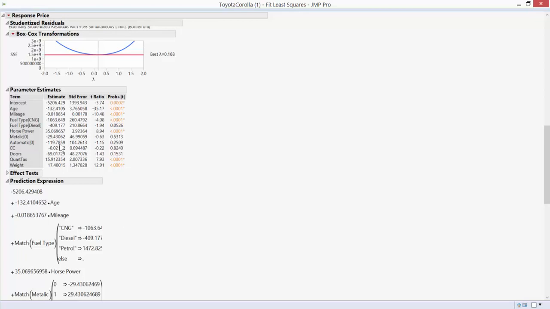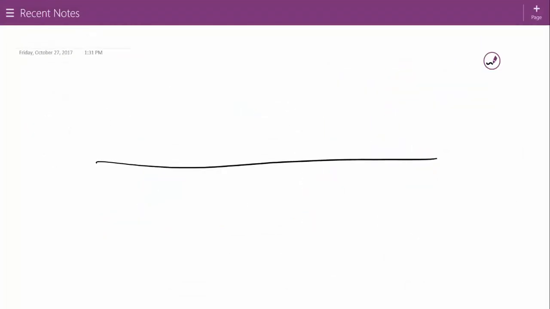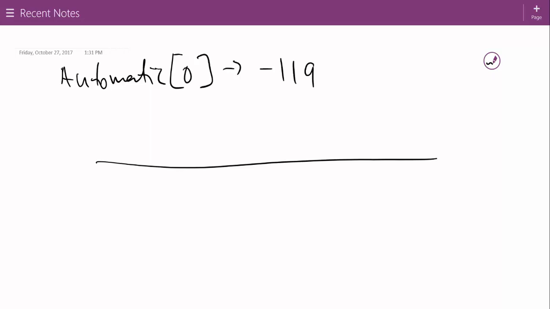So if you ask what's the difference in terms of the price between manual and automatic, well, let me take a picture of that. Here, my variable is automatic, so that it becomes more clear, 0, and that comes with a slope of minus 119. Automatic 0 means what? Manual. So this is a manual car, and it can be either plus 1 or minus 1.